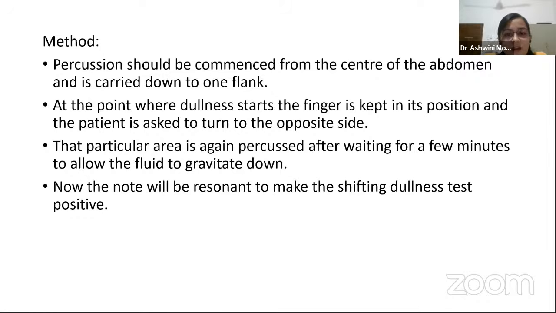After giving the lateral position, we ask the patient to stay steady for a minute, and again we percuss. If it becomes resonant, then the dullness has shifted. So the fluid has shifted, and the dullness will be shifted and it will become resonant. So this is the shifting dullness test.